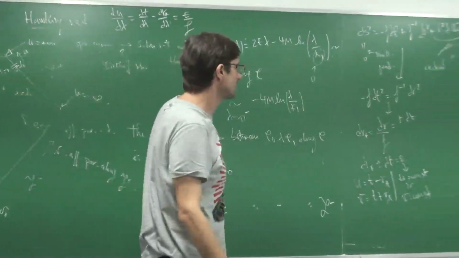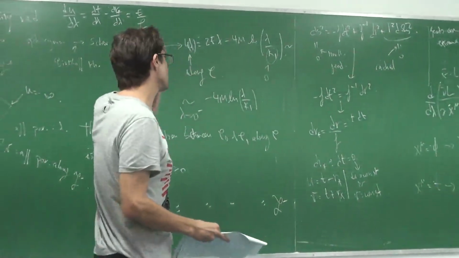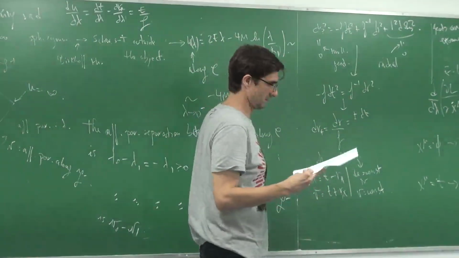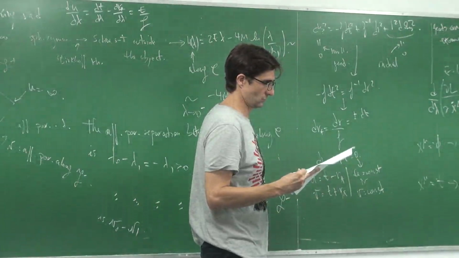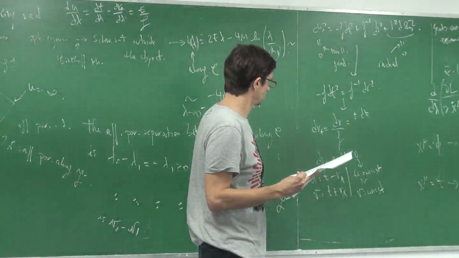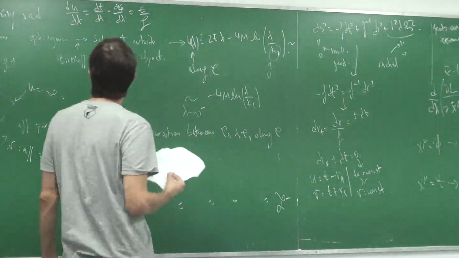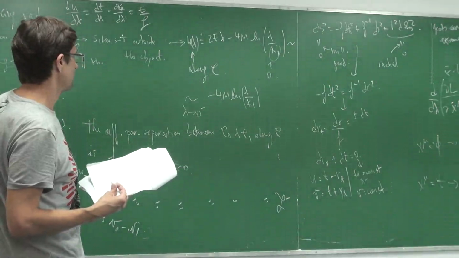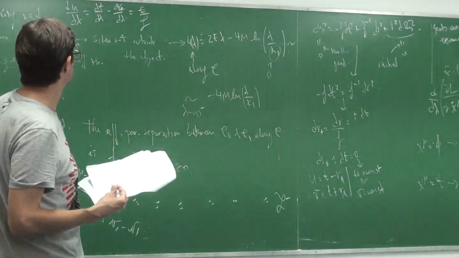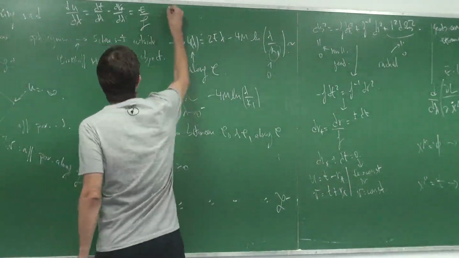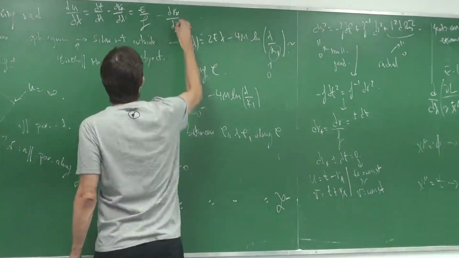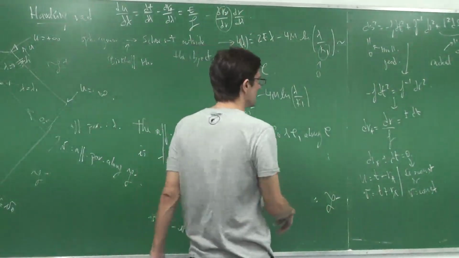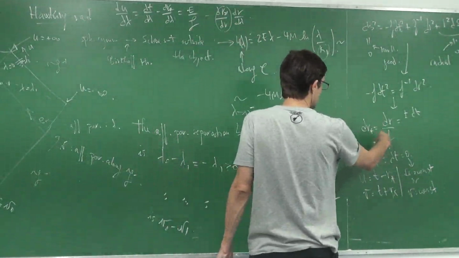And dr star d lambda, you can write as dr star dr times dr d lambda. dr star dr is 1 over f.